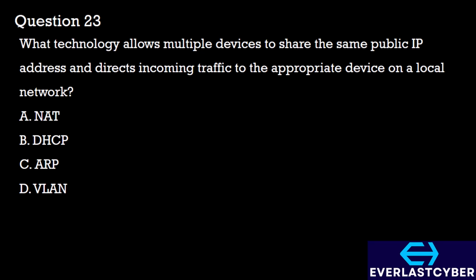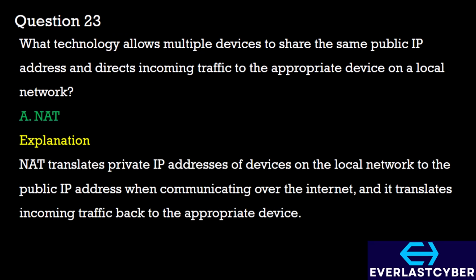For this, we'll be going with option A. The NAT translates private IP addresses of devices on the local network to the public IP address when communicating over the network, and it also translates the incoming traffic back to the appropriate device. Now, it does this by hiding the private address of the device, and instead it shares a single public IP address, and this will help for confidentiality and also it improves security.